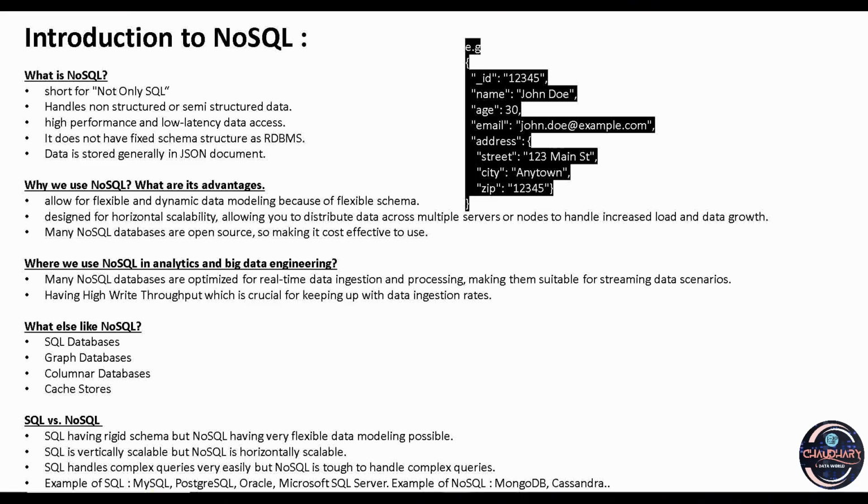Another point, SQL can be vertically scaled, because when you are entering data, you are adding a row, not a column, correct? But NoSQL can be horizontally scaled even. Now SQL handles complex queries very easily.